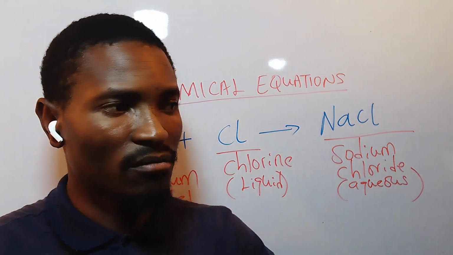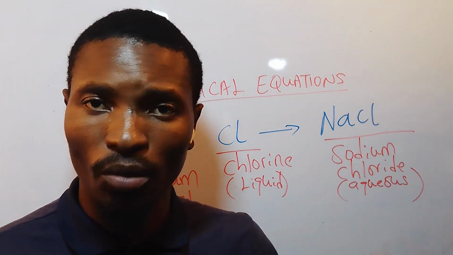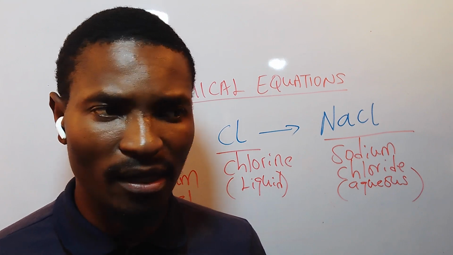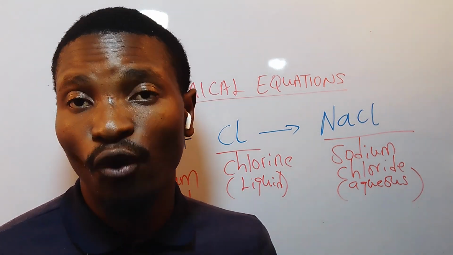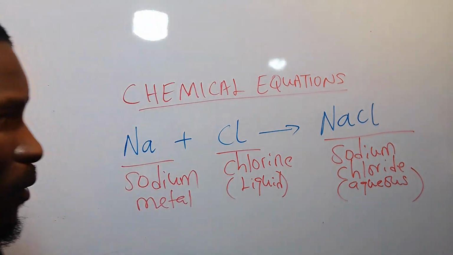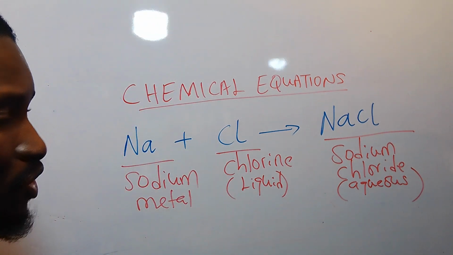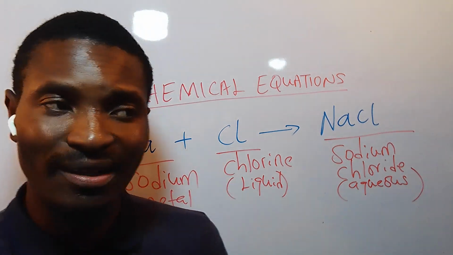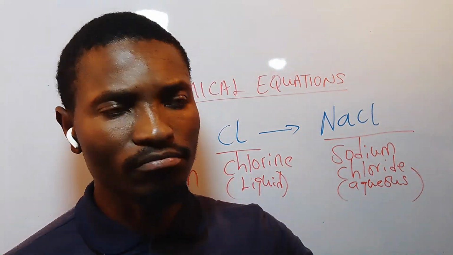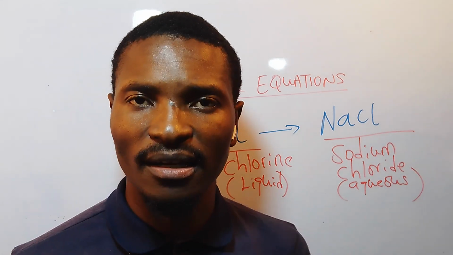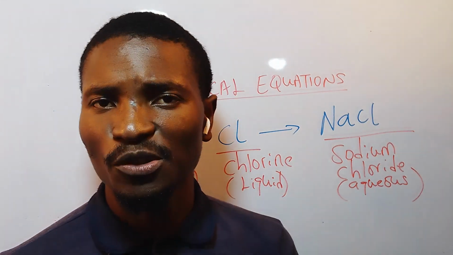Even if we use some catalysts to combine them or we force them, nothing is going to be properly formed. And we see that most of the chemical reactions that occur must be in two different states of matter, okay? So liquid, solid, gas, and aqueous form, you must be able to understand that.